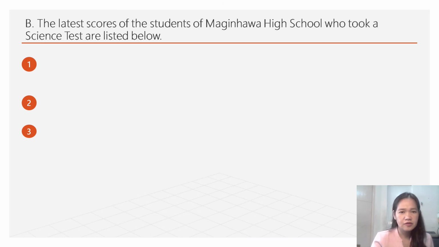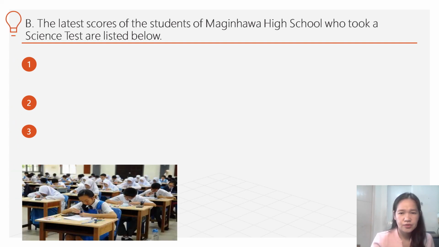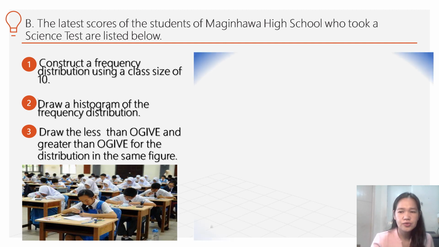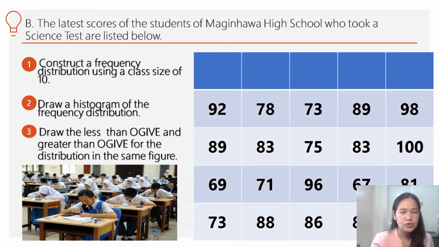Another problem solving: the latest scores of the students of Maginhawa High School who took a science test are listed below. Again, from this raw data, I want you to construct a frequency distribution using a class size of 10.